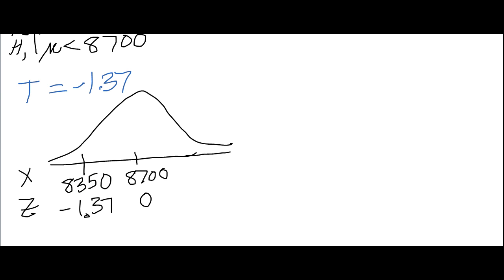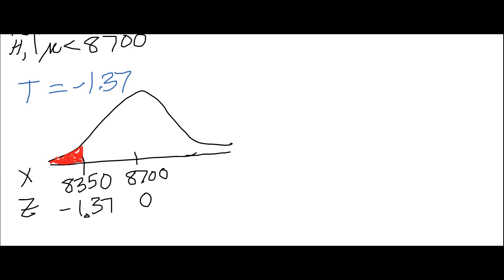So again, what are we trying to figure out here? Well, what is the probability of getting a value less than 8,350 if the null hypothesis is true, and indeed the taxes haven't gone down?